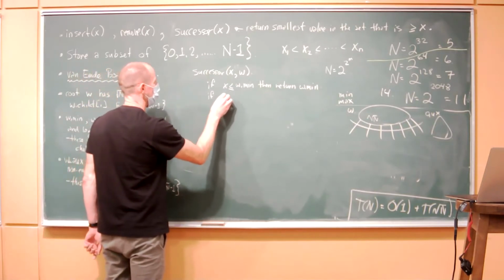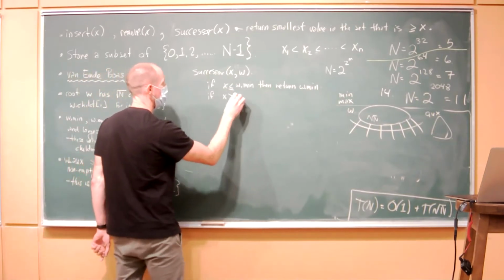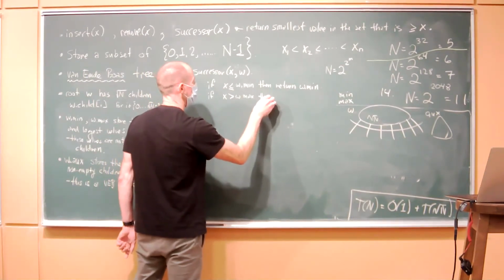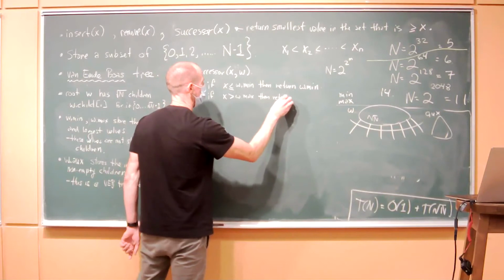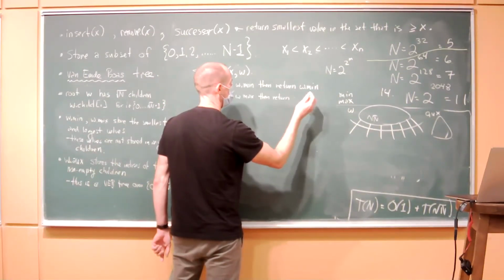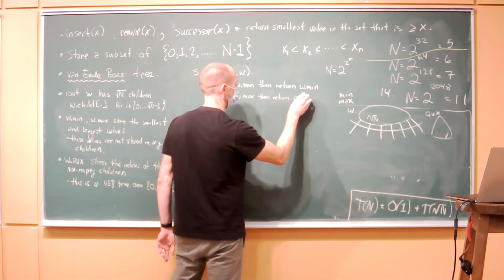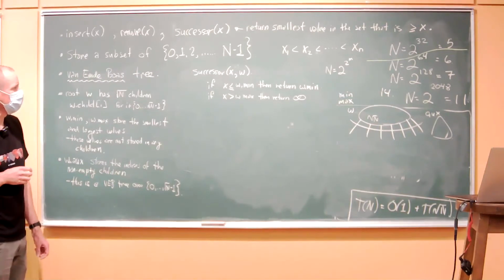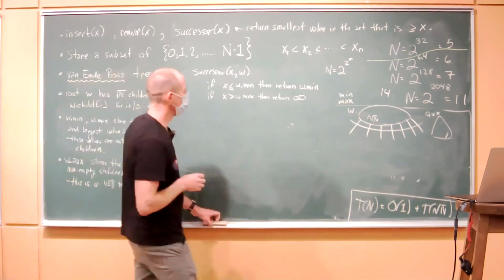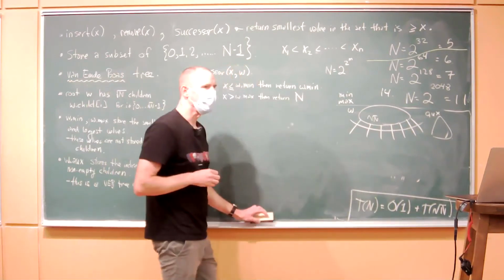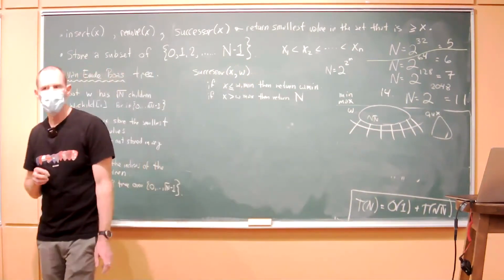And if x is strictly bigger than w.max, then we return infinity, something that indicates that there's nothing in the set that's bigger. Or actually what you should return is n, because that's bigger than anything you're allowed to store in the set. That's like infinity.